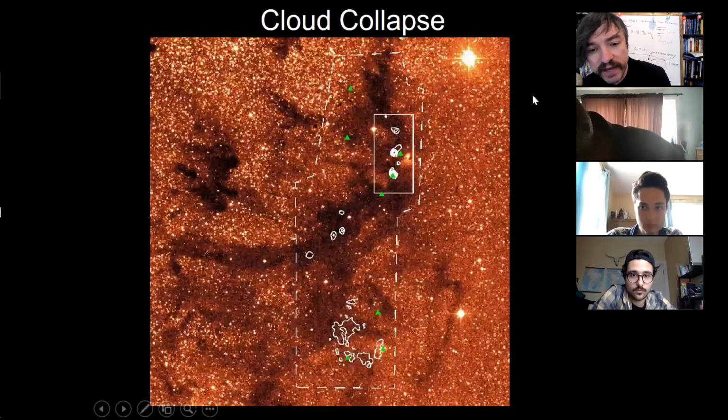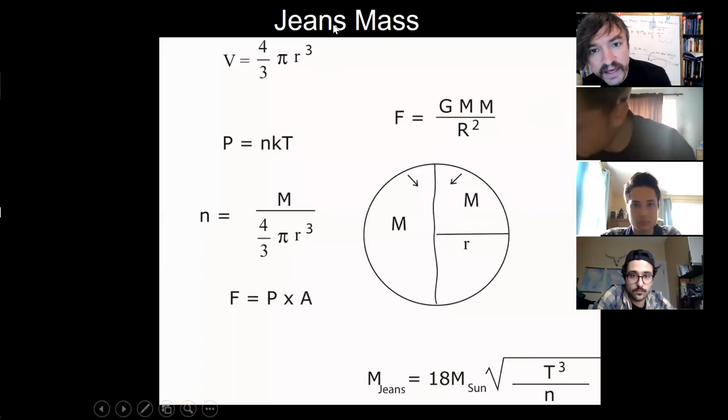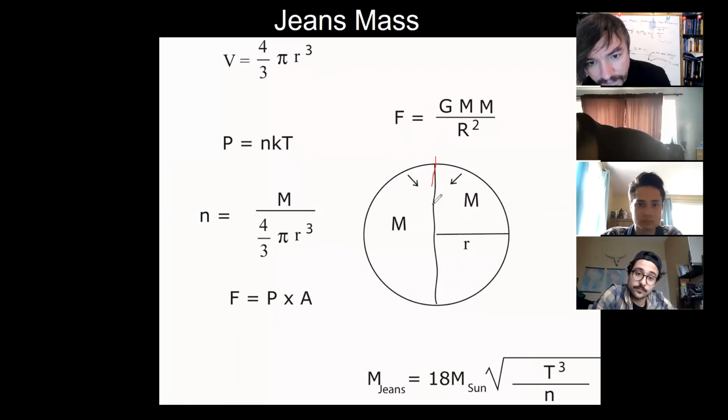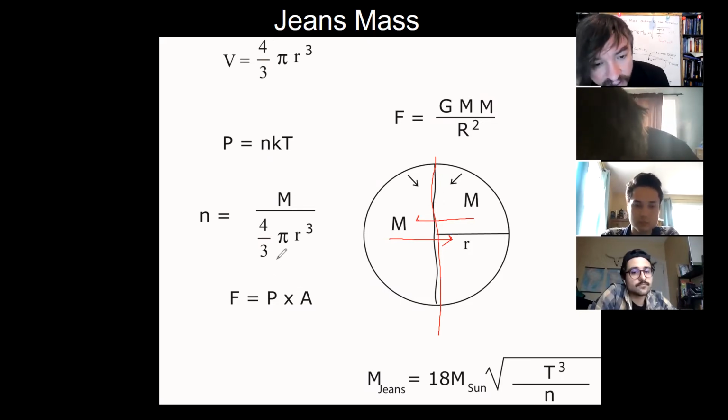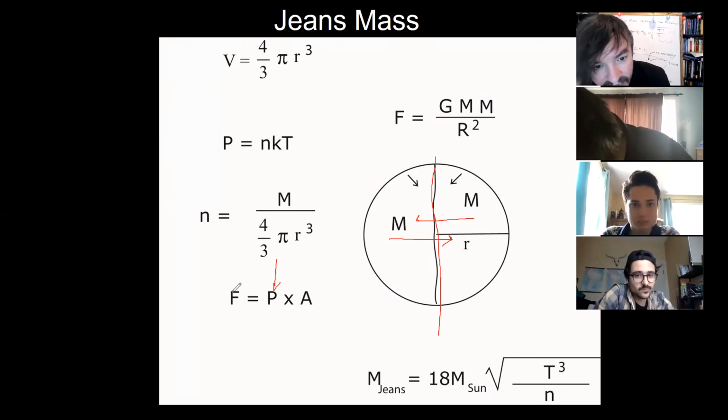Well, the way James Jeans went about it is he imagined a sphere of hydrogen gas. He chopped it in half, and then he calculated the gravitational attraction between the two halves. Then he calculated the pressure that the cloud would have due to the ideal gas law. The force would be the pressure times the area.